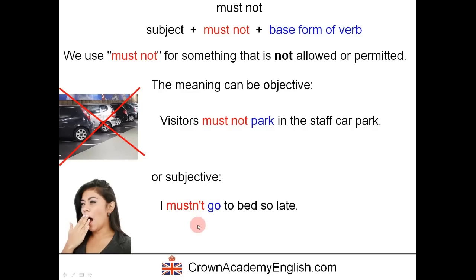So she is reminding herself. So this is the contracted form. This is very common. So this is the contracted form of must not. So we put an apostrophe here to represent the missing letter O. Okay, I mustn't go to bed so late.